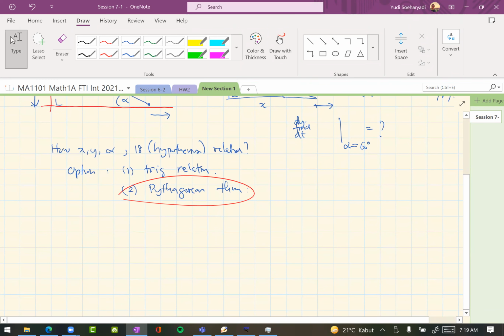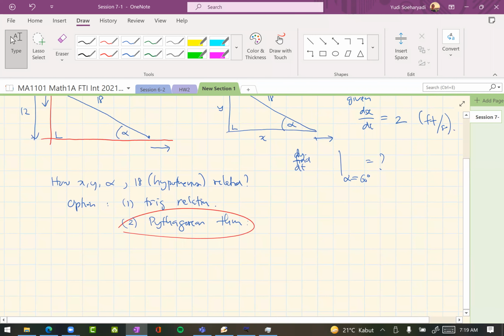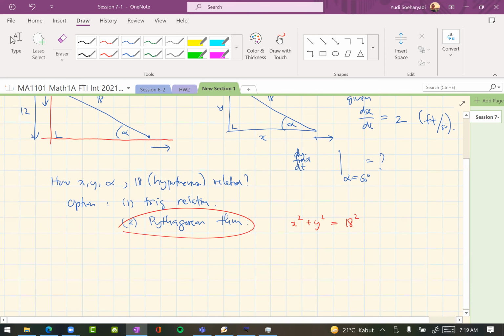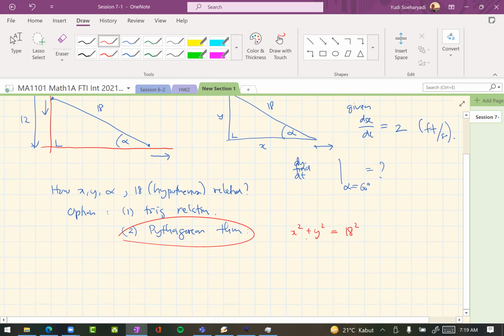By the Pythagorean theorem, we have x squared plus y squared equals 18 squared. What is 18 squared? Later we compute. So the question is, what is dy/dt? Let's take d/dt.